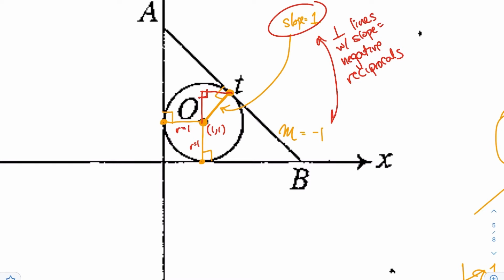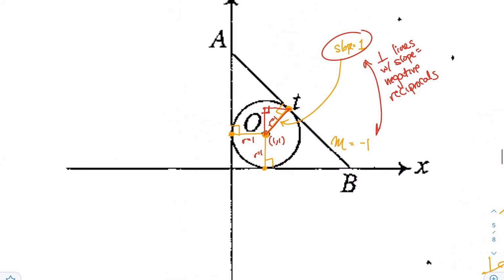The rise is equal to the run. And we know that the radius here has to be 1. So this is an isosceles right triangle, or a 45, 45, 90 right triangle, and this is one of our special right triangles.